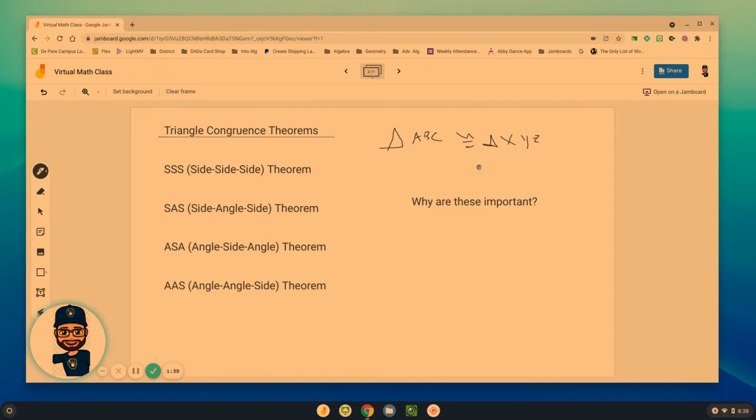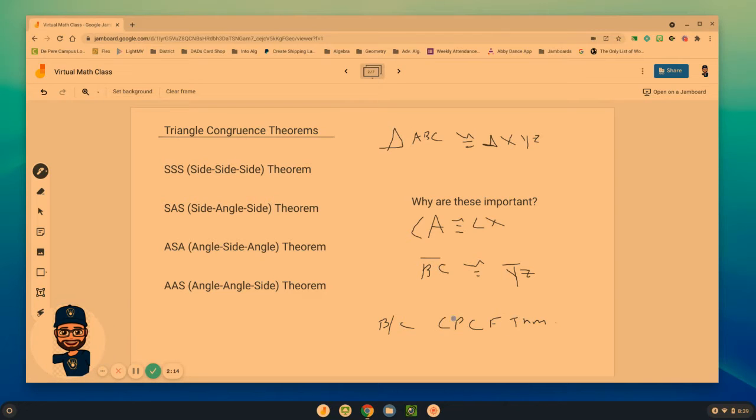Once we know the two triangles are congruent, I can then say that angle A is congruent to angle X, or that segment BC is congruent to segment YZ. And I'm allowed to say those things because of the CPCFC theorem.